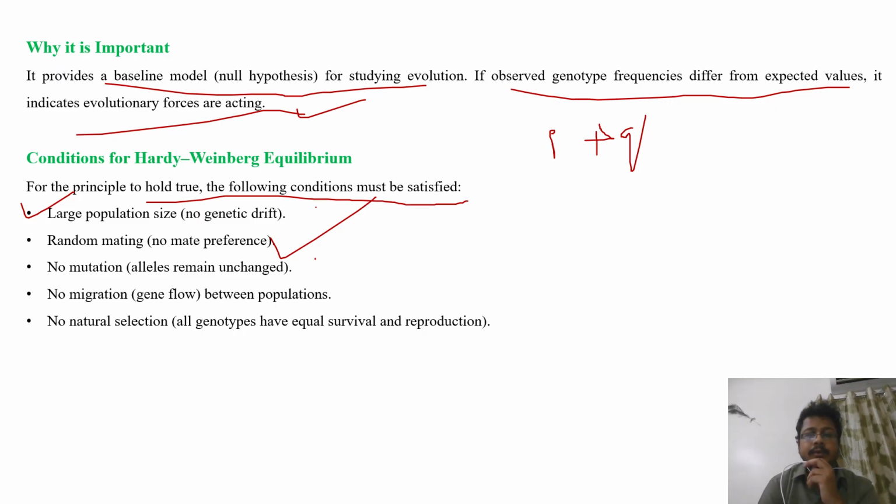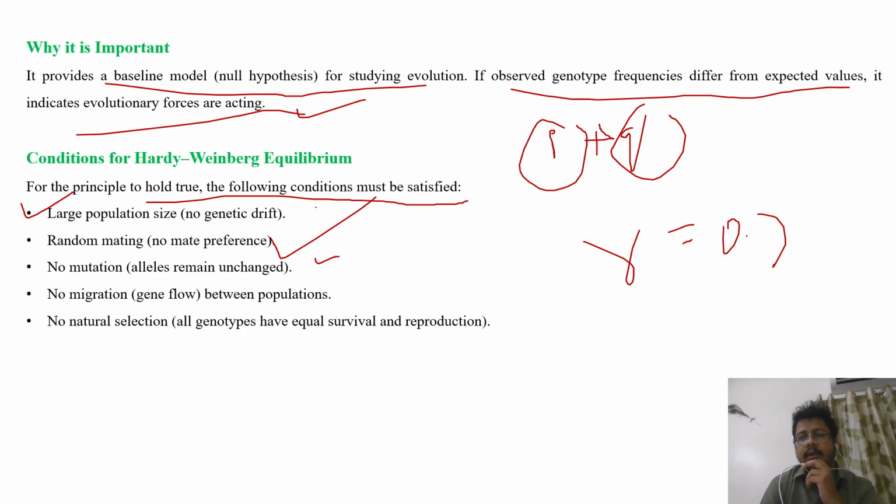There should be no mutation, because mutation creates a new allele. We are talking about two alleles here. If a mutation occurs and an allele of frequency R appears, it will have some frequency, suppose 0.2. Then P plus Q will be 0.8, and Hardy-Weinberg can't be true in that case.